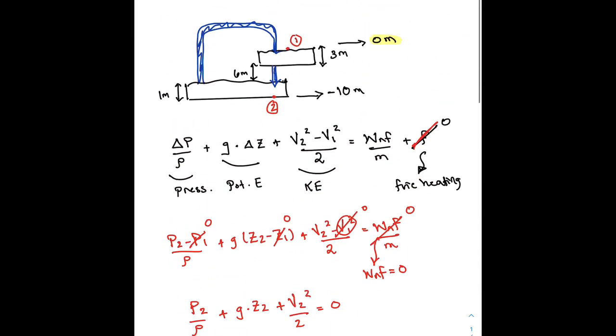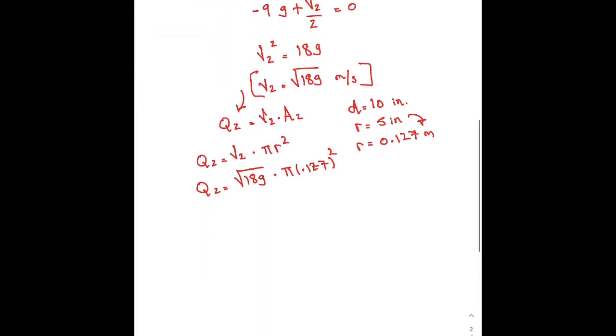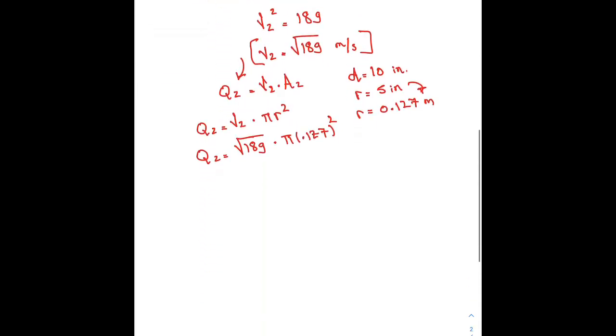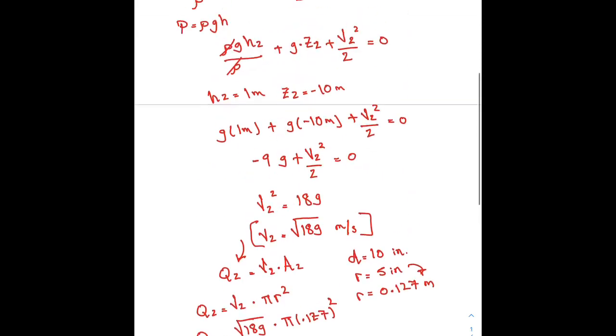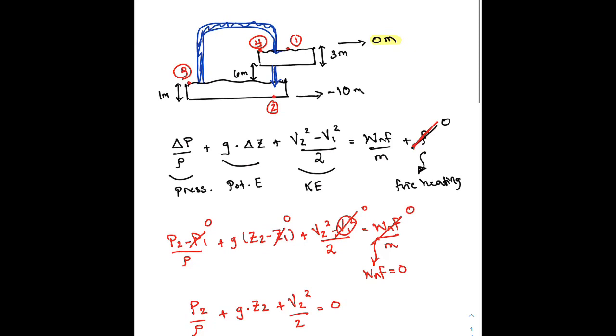These 2 points will be points 3 and 4, we can call them since we already used 1 and 2. Point 3 and point 4.